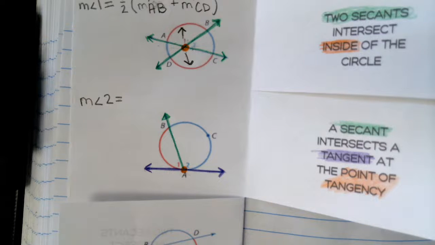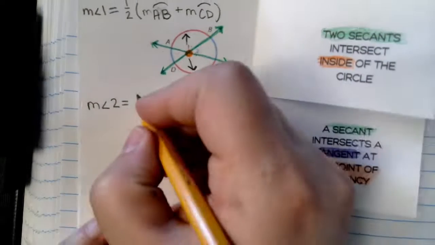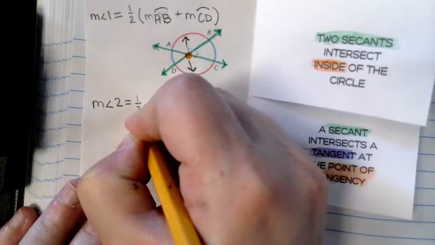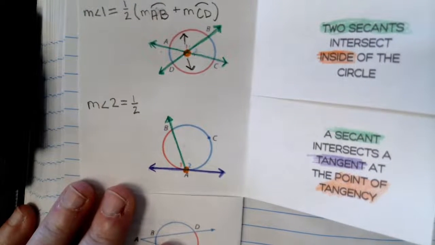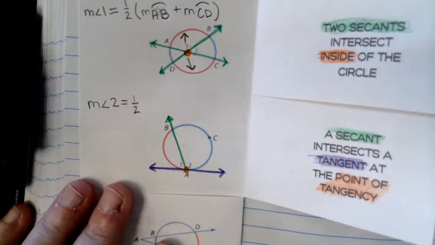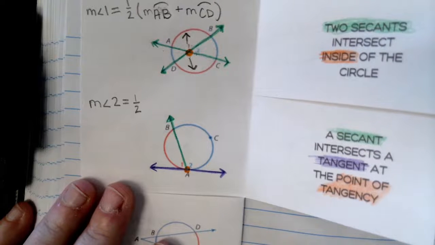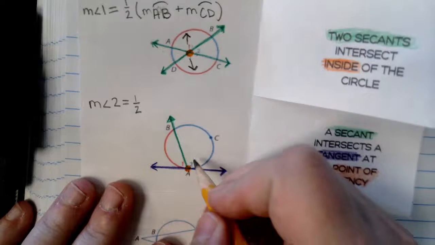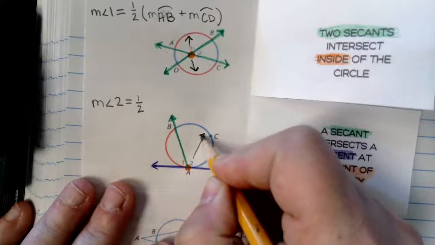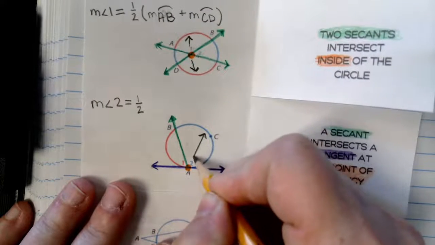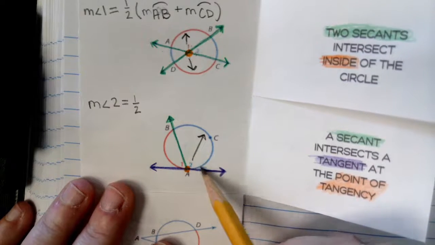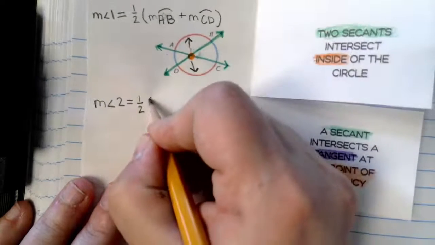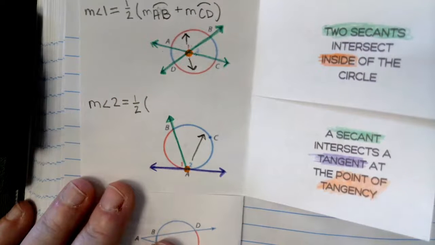Alright, what is the arc across from angle 2 this time? Across from angle 2, I'm looking at this blue arc. What is the name of that blue arc? BC, I want to go to B and end at C. I want BA, I want to start at B, end at A. But if I say BA, am I talking about the blue one or the red one?